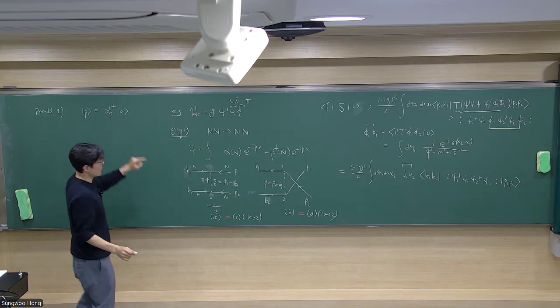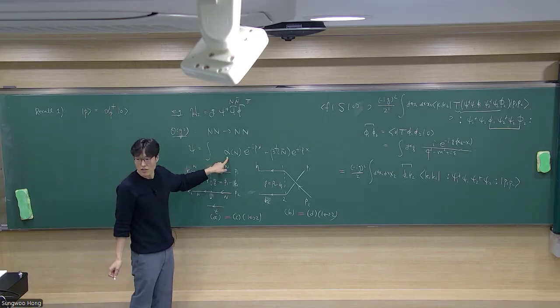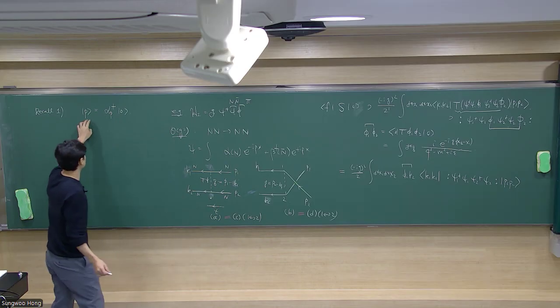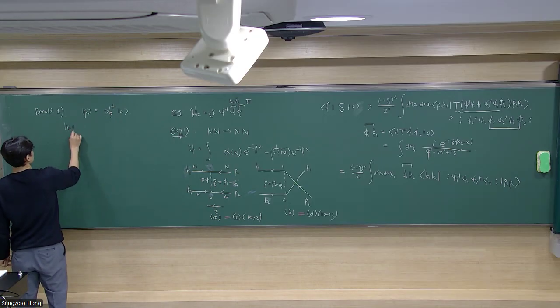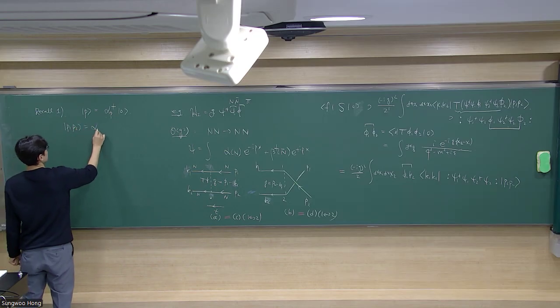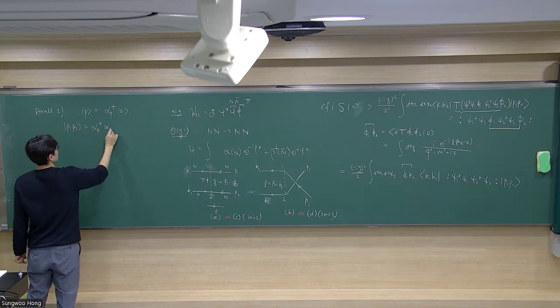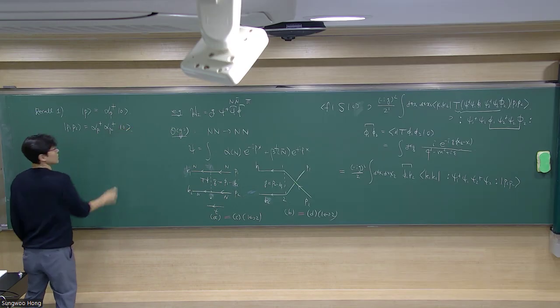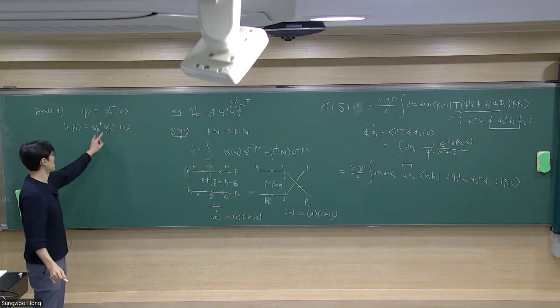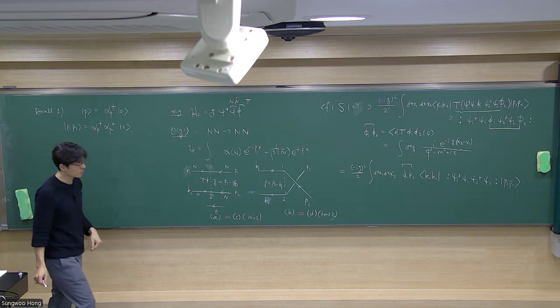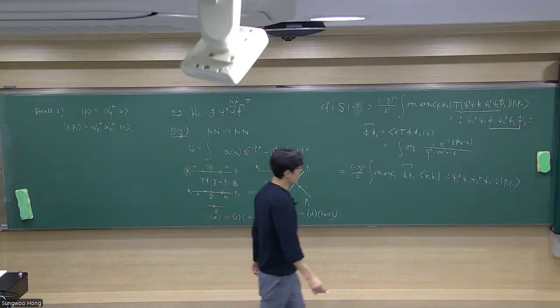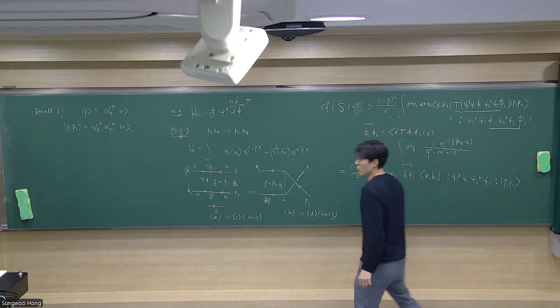This alpha P is literally the alpha appearing here. So that's the definition of a one particle state. And so for instance, a two particle state is obviously alpha P1 dagger, alpha P2 dagger, acting on the vacuum. Order doesn't matter because this is a bosonic particle. Okay, that's number 1.